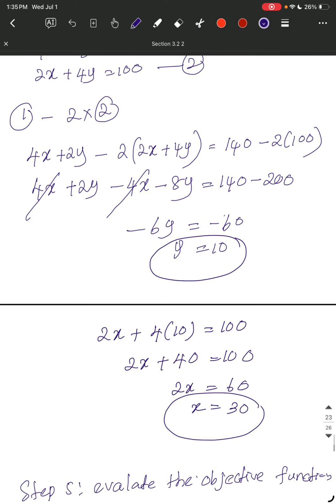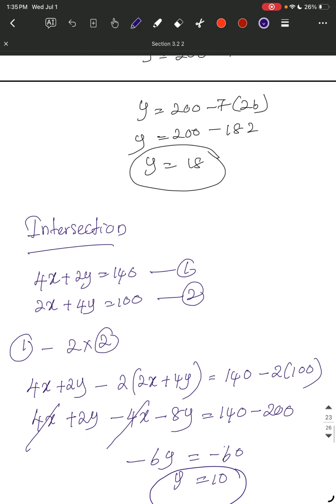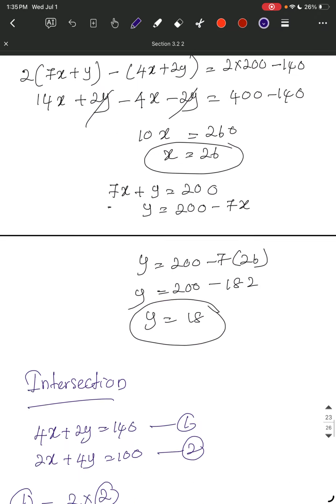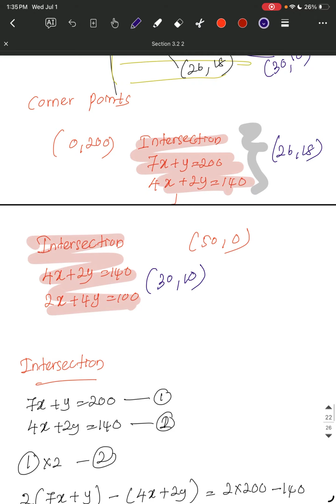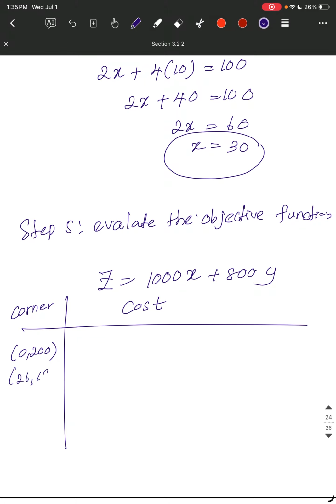The corner points were 0, 200, and 26, 18, 30, 10, and 50, 0.